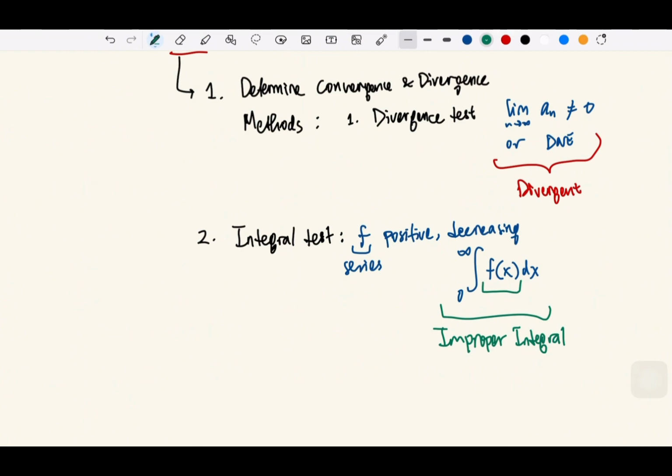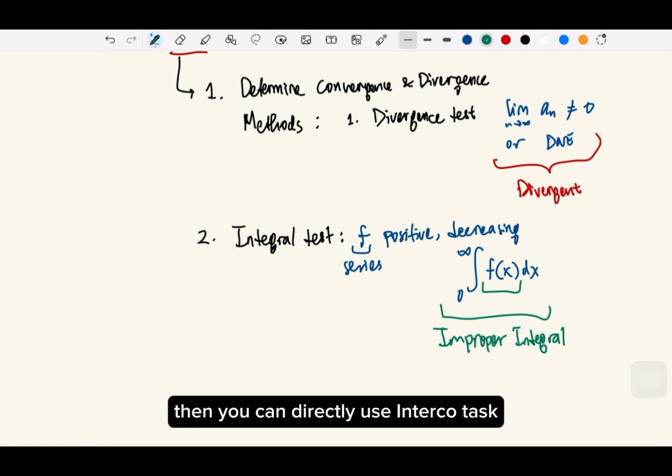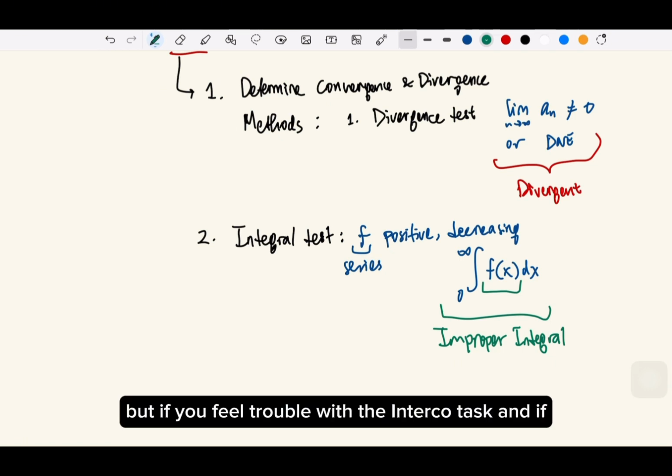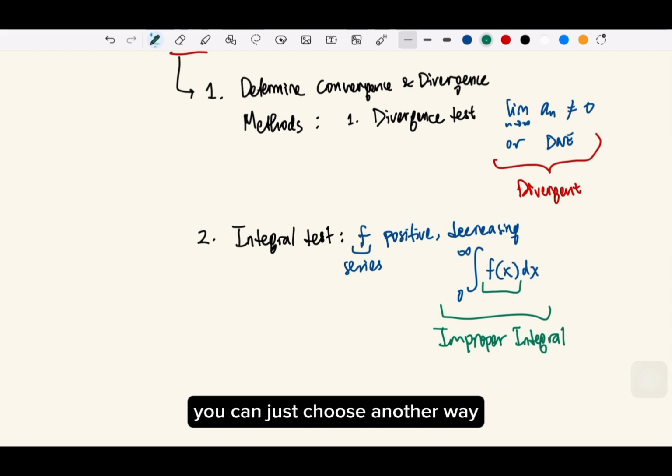If you see those functions, then you can directly use the integral test. But if you feel trouble with the integral test, and if you feel another way is more comfortable, you can just choose another way.